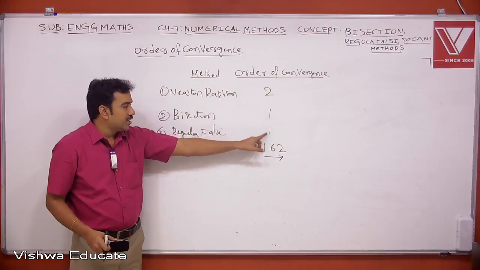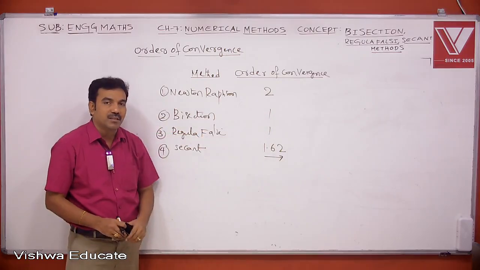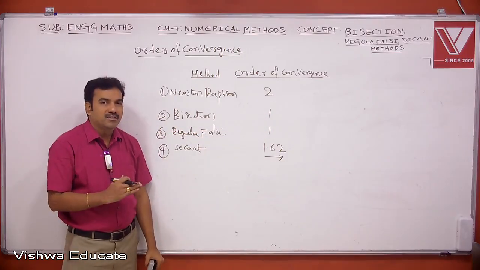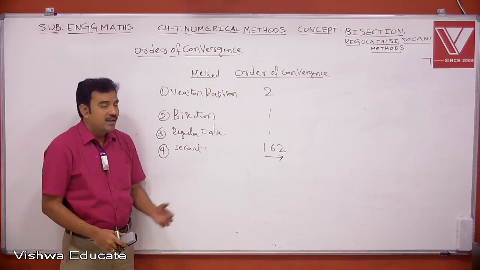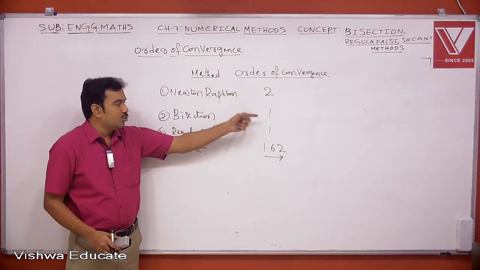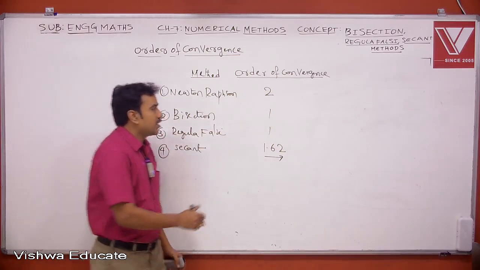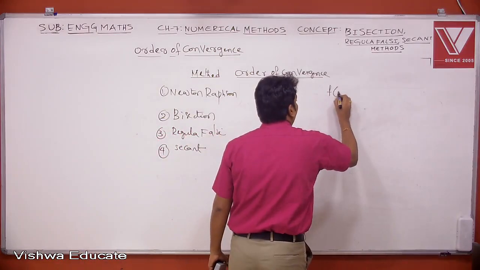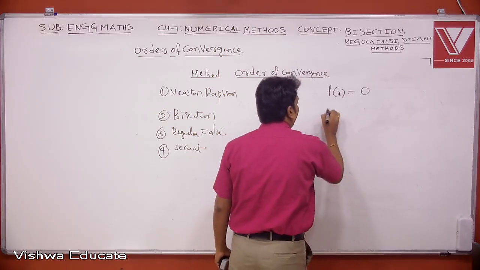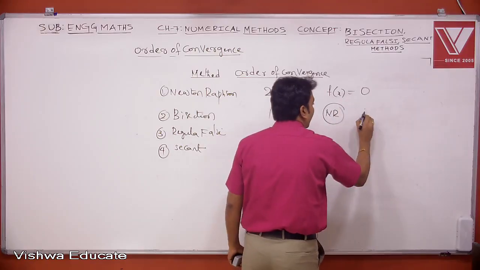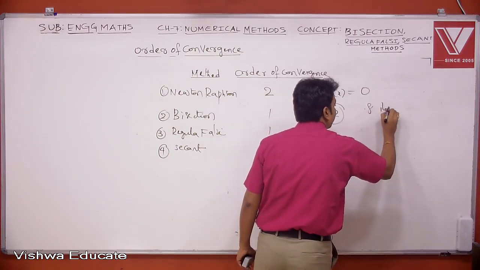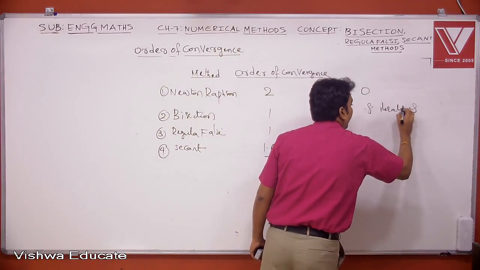In case of bisection and regula falsi method, their performance is 50% less when compared to Newton-Raphson method. Now let me tell you what exactly 2, 1, 1, 1.62 mean. Suppose I have an equation f of x equal to 0. Suppose I apply Newton-Raphson method to get the root of this equation, and assume that I got convergence in 8 iterations.